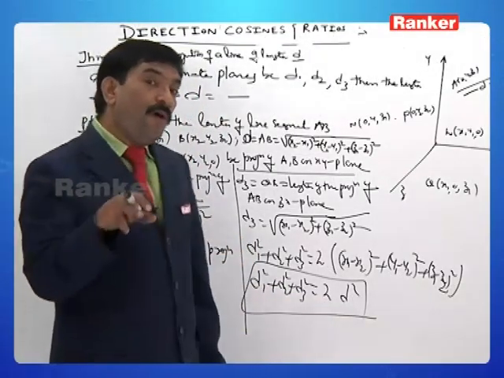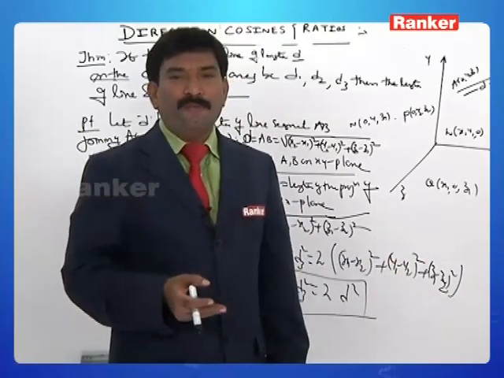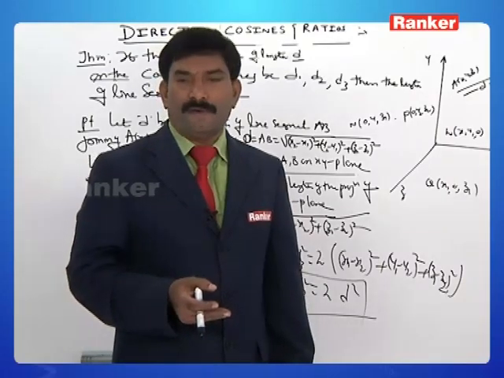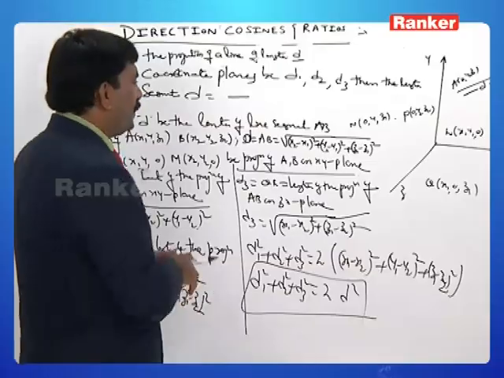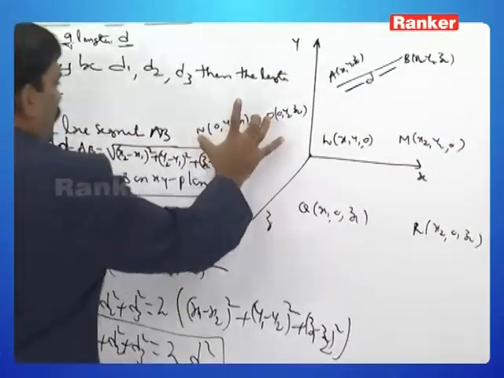If it is on the coordinate axis, d square is equal to d1 square plus d2 square plus d3 square. Followed? Once again, you see the projection of AB on this plane is LM and on this one is NP.